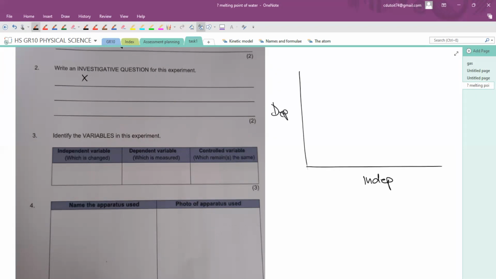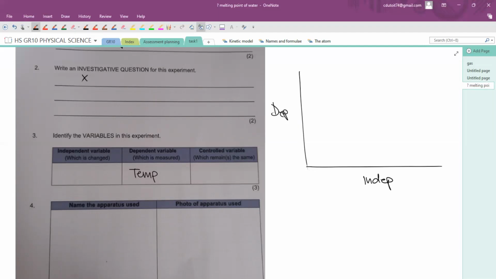Oh, sorry, the dependent variable is what happens after you're doing something. So what is dependent? It happens with your intent. Yeah. So what's that? Temperature. So, yeah. I would say the dependent variable is either temperature.